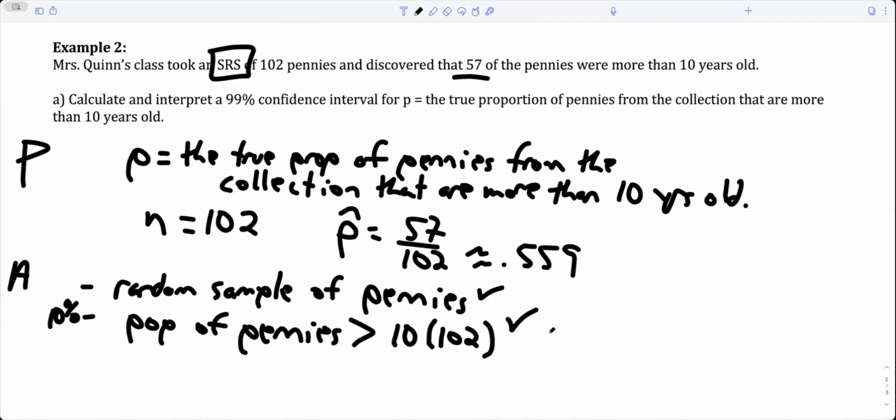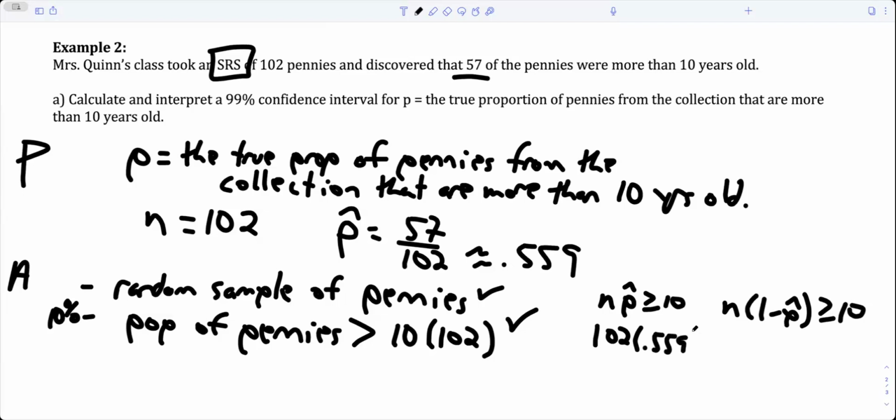And then we got n times p hat greater than or equal to 10. Excuse me, n times 1 minus p hat must also be greater than or equal to 10. I'm going to fill in those numbers. So I've got 102 times 0.559 greater than or equal to 10, and it was 57, so yes, that works.